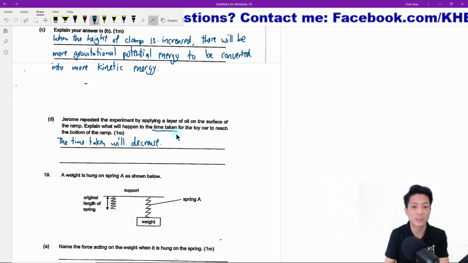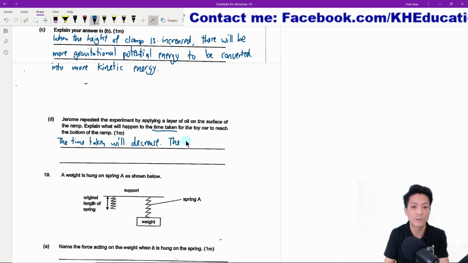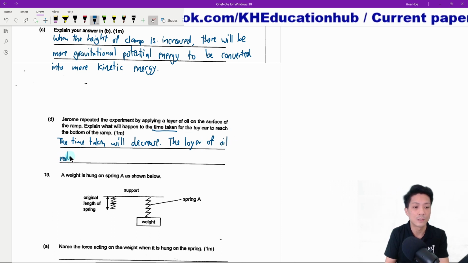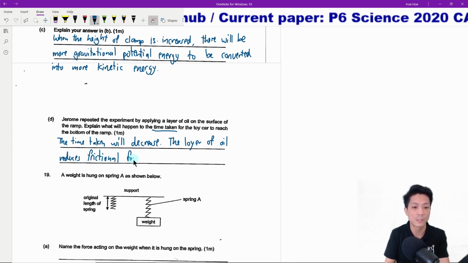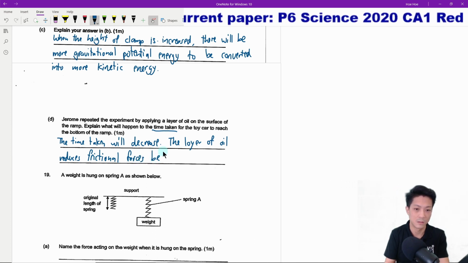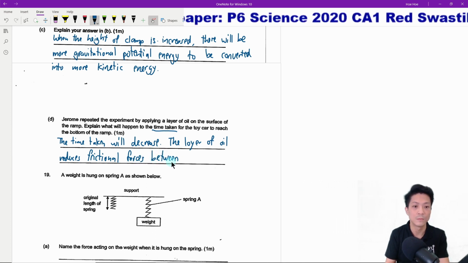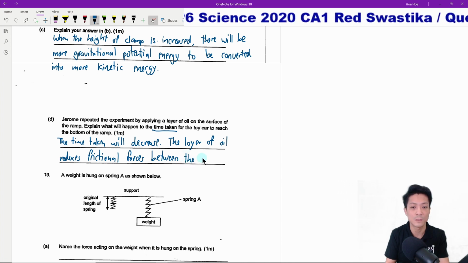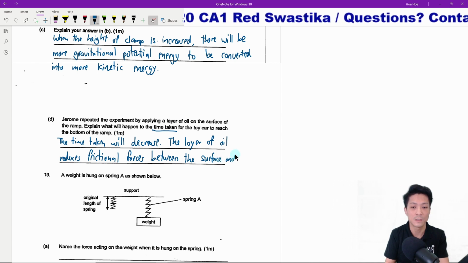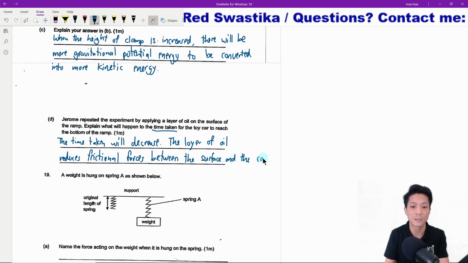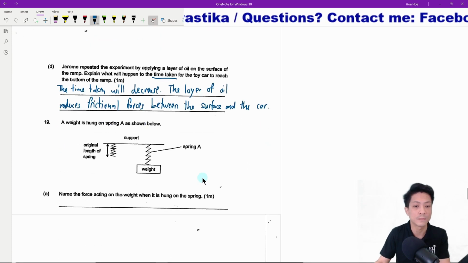The reason is because the layer of oil reduces the frictional force between the surface and the toy car.